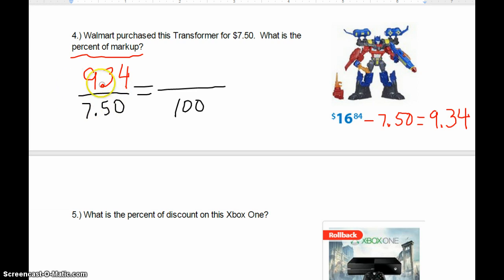Because if they added 100% to the price, they would have added $7.50 to that old price. They added more than that. So our percent of markup has to be more than 100%. And when we solve this proportion, we get 125%. So that means they added 125% of $7.50 to $7.50 to get their new price.